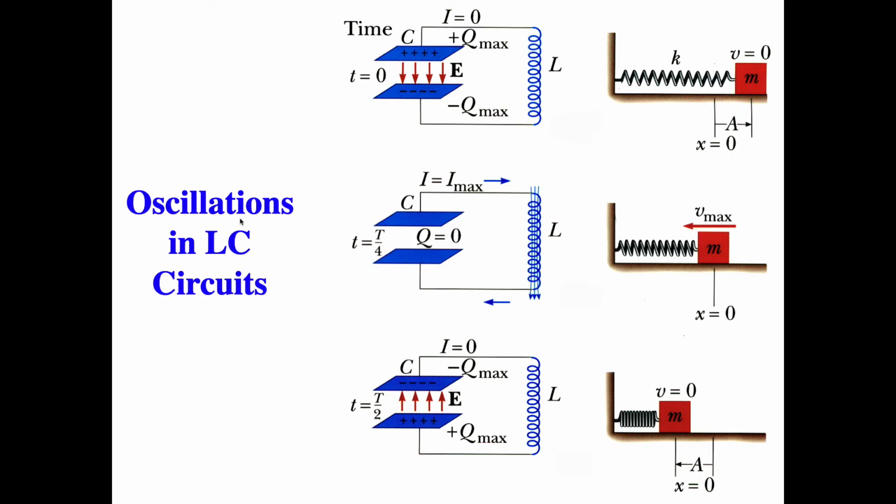So what happens? The capacitor charges, there's no resistance in the circuit. Once it's charged up and you open that switch, the capacitor is going to want to discharge through the inductor, because the inductor opposes the change in current.